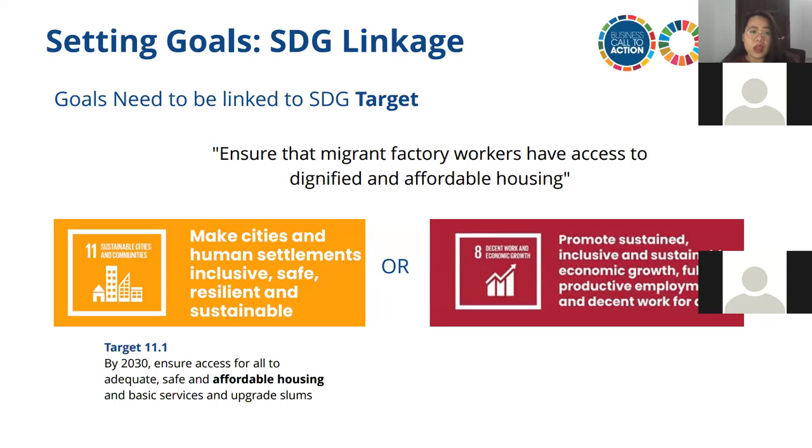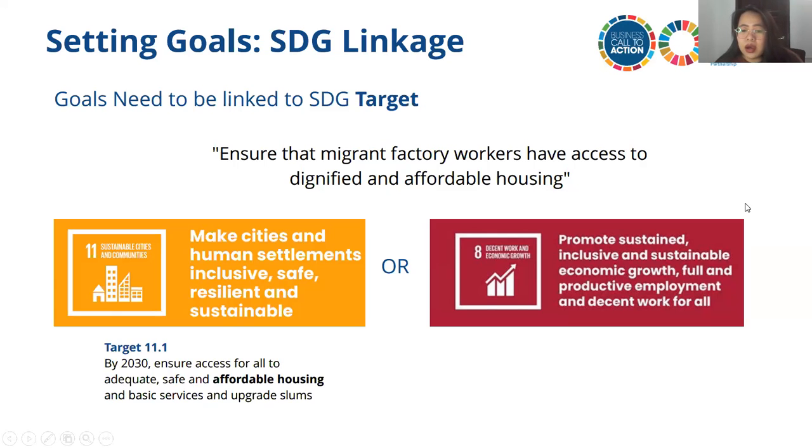So as you can see, goals need to be linked to an SDG target. So for example, ito, ang goal ng factory tuloy ng startup is to ensure that migrant factory workers have access to dignified and affordable housing. So anong nangyari? Dalawang SDG yung nakikita nila.